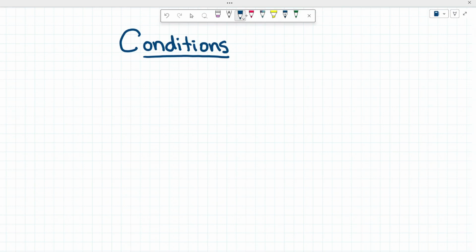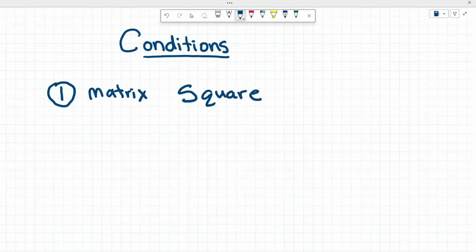The first condition that we have to consider, and it's the most important one, is that our matrix must be square. A square matrix means that the number of rows has to equal the number of columns. We usually write this as an n by n matrix. So the number of rows has to equal the number of columns.